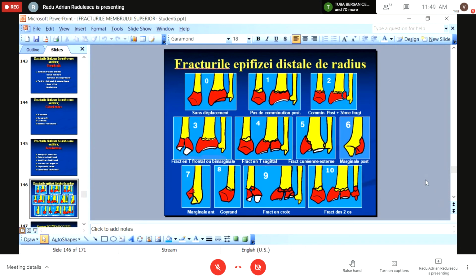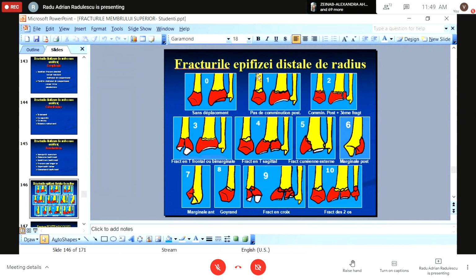Okay, let's go to the distal epiphysis of the radius. The distal epiphysis of the radius may have different types of fracture lines. You can see here a table with the most frequent types of fracture at the level of the distal epiphysis.